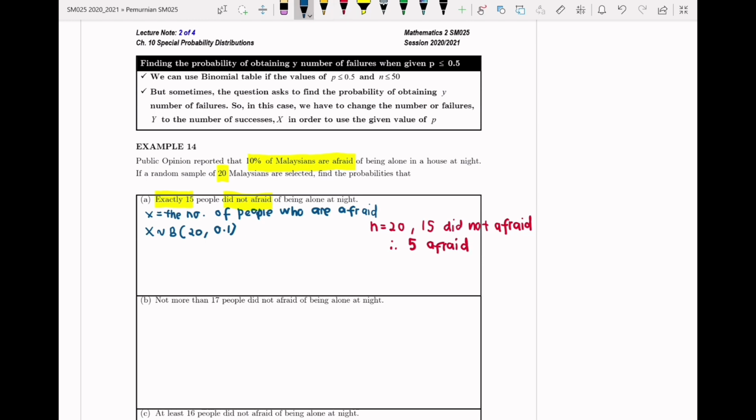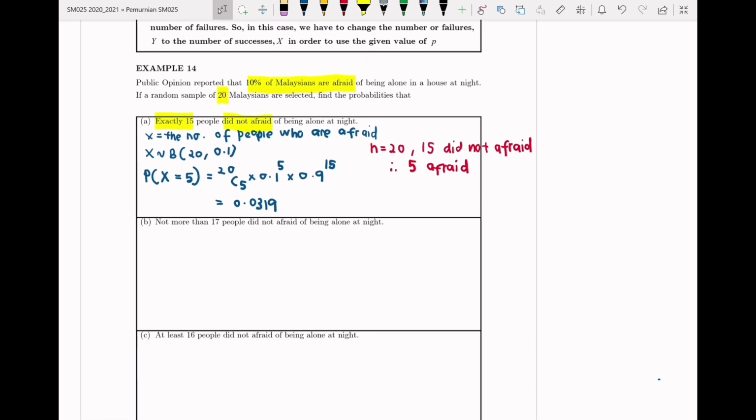Therefore, we need to find the probability X equals to 5. So when P(X equals 5), we can use the formula 20C5 times 0.1 to the power of 5 times 0.9 to the power of 15, which equals 0.0319.